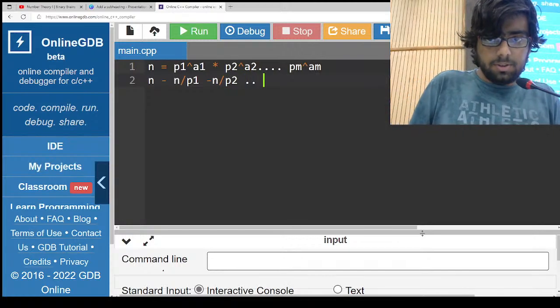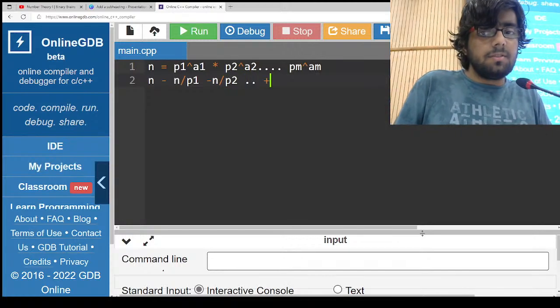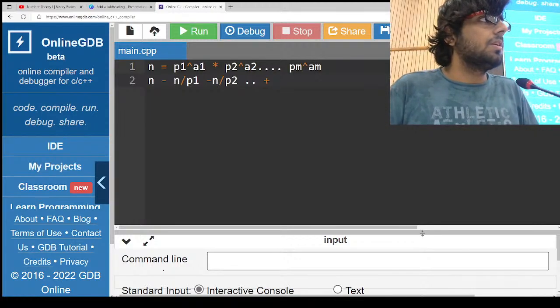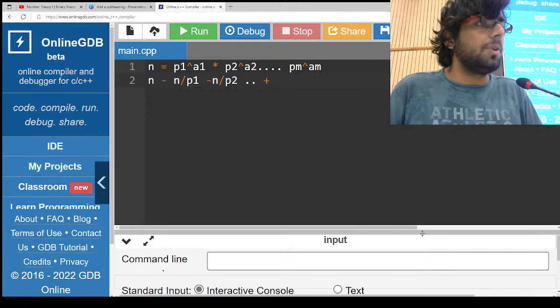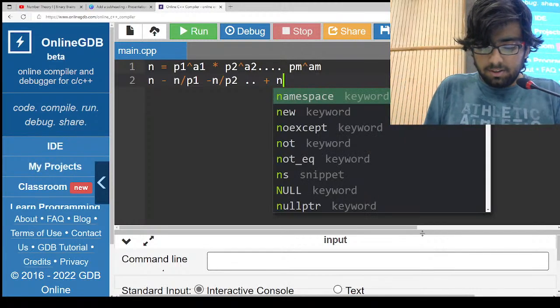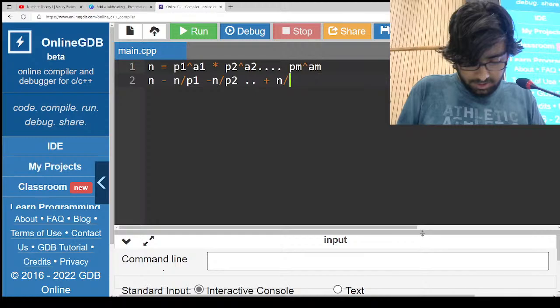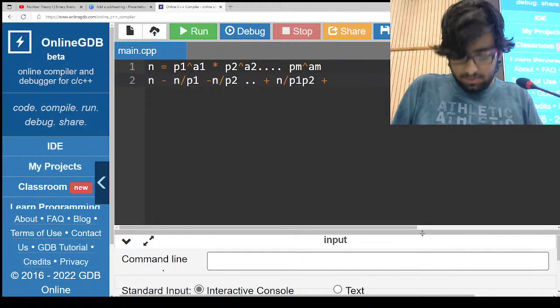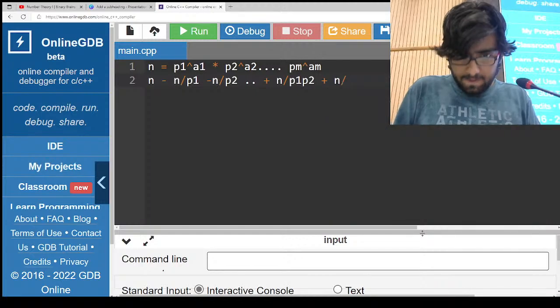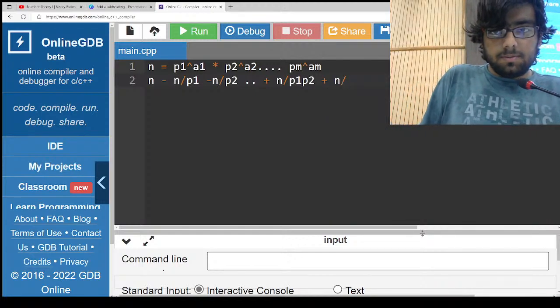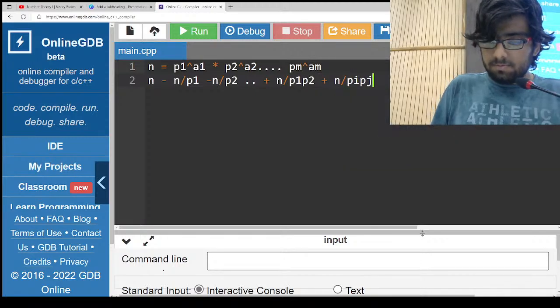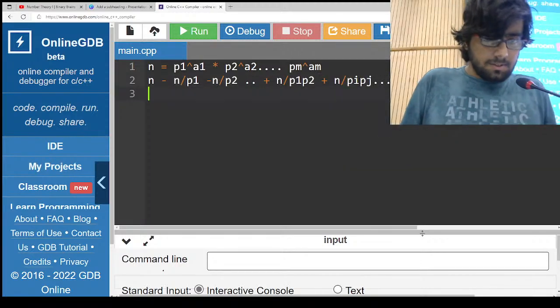And now we know that the numbers which are multiples of p1 and p2 got eliminated 2 times, in p1 also and p2 also. So that's the basic principle, inclusion-exclusion. So we apply that. So this is pi pj.